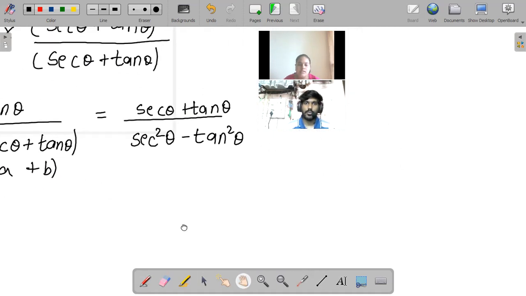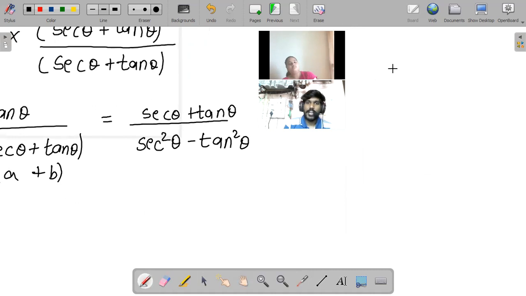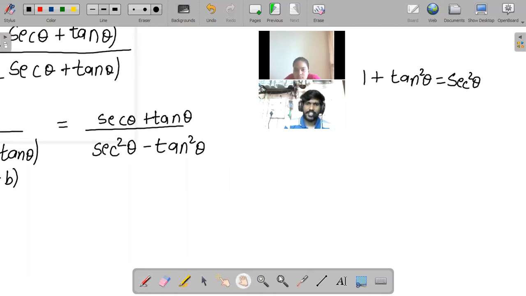Now, we know the identity 1 plus tan square theta is equal to sec square theta. Just a little bit of rearranging this identity: you take tan square theta on the other side. So you will have 1 is equal to sec square theta minus tan square theta.